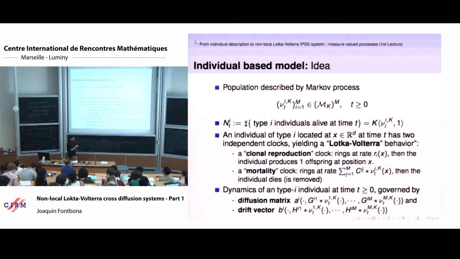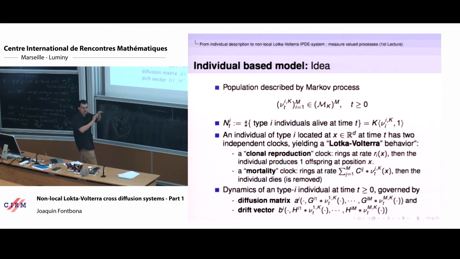Of course, this also depends on the states of the other populations. So this is just to give the idea of what one single individual of type I sees. But of course, he's also influencing the individuals of the other populations. So this is a dynamic construction.